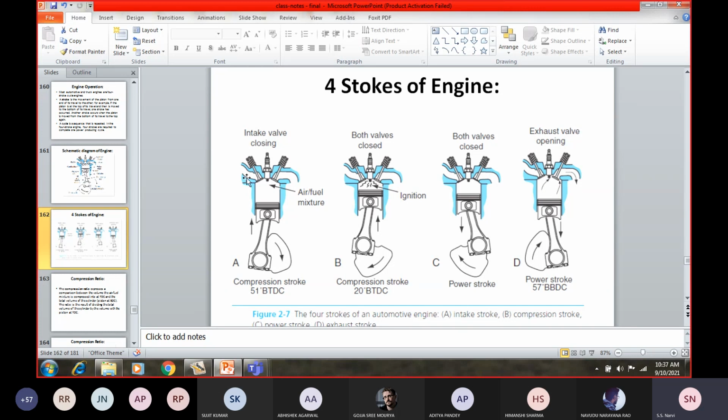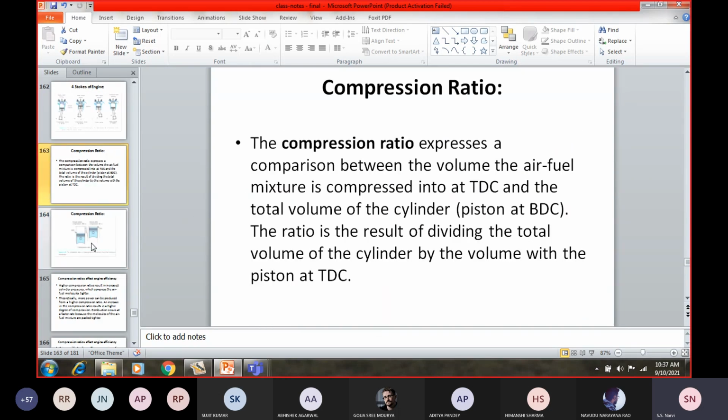Then the first cycle ends and the second cycle will start from this one. So this is how the engine works. I have told you about the compression ratio: the higher the compression ratio, the better will be the work output and the efficiency of the engine.